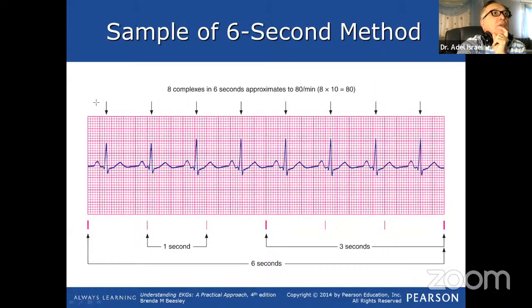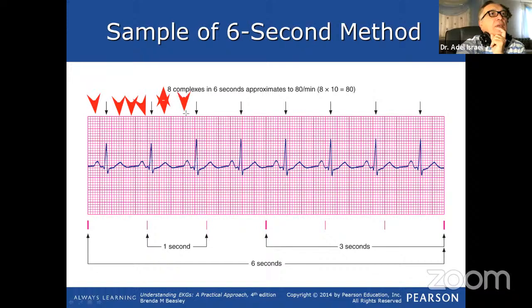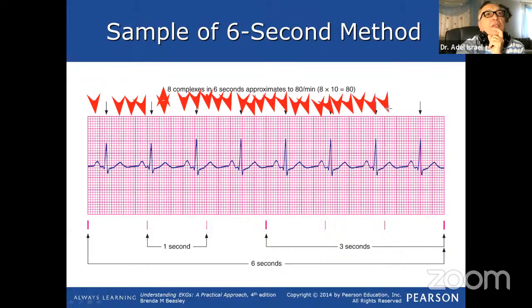Okay, let us count. 1, 2, 3, 4, 5, 6, 1, 2, 3, 4, 5, 6, 7, 8, 9, 10, 11, 12, 13, 14, 15, 16, 17, 18, 19, 20, 21, 22, 23, 24, 25, 26, 27, 28, 29, 30.